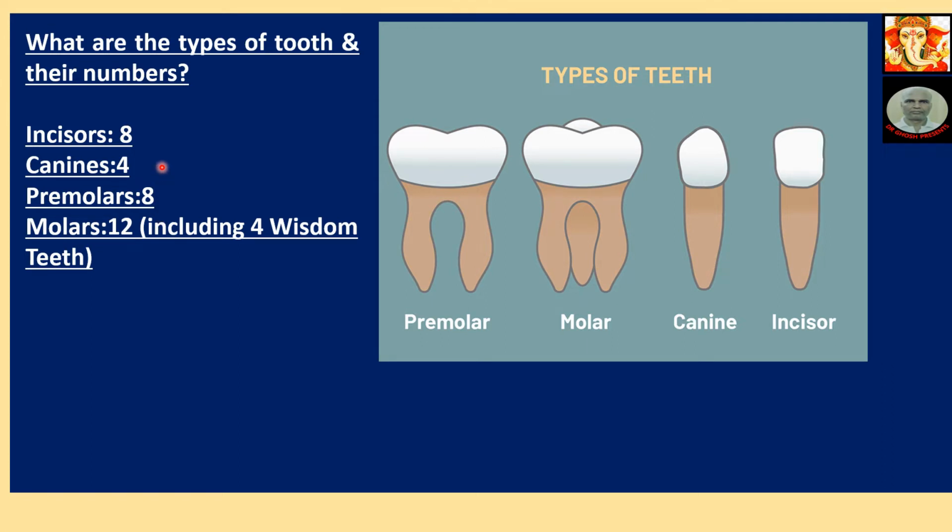Upper 16, lower 16, and each quadrant 8, that is upper left 8, lower left 8, upper right 8, lower right 8. Incisors look like this, canines look like this, premolars look like this, and molars look like this. So in this way we have got 32 or 16 pairs of teeth.